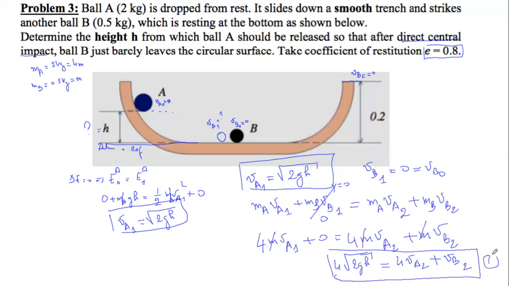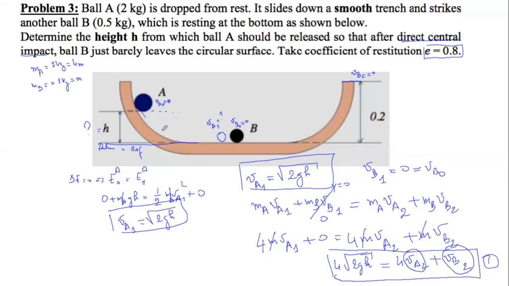So I have a first equation. How many unknowns? I don't know VA2, the velocity of A after collision. I don't know VB2, the velocity of B after collision. And I don't know H also, but it's okay, I can find them.